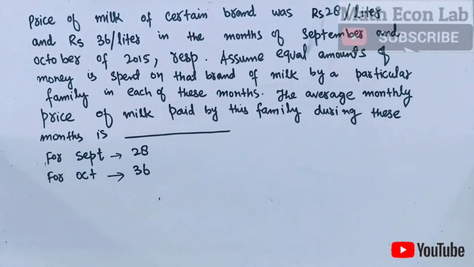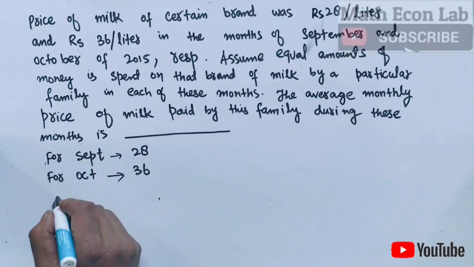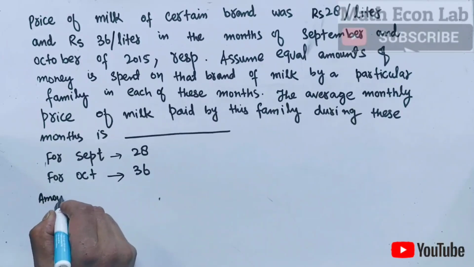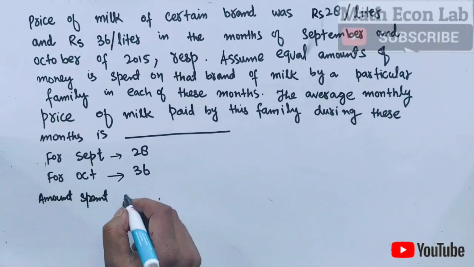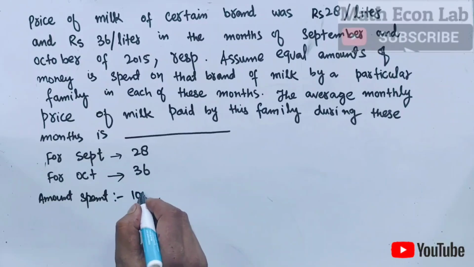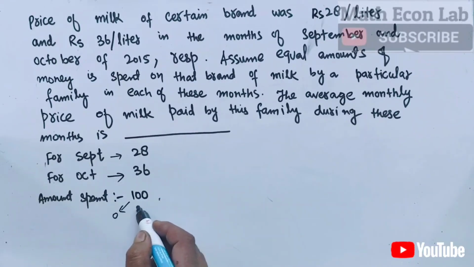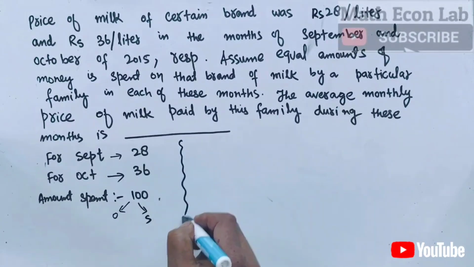Let us take any arbitrary number. Let us suppose this family spends amount spent each month is 100. Okay, that means 100 for October and 100 for September.